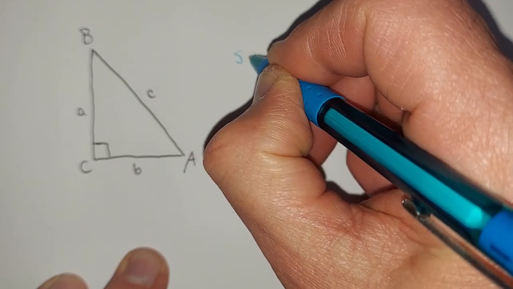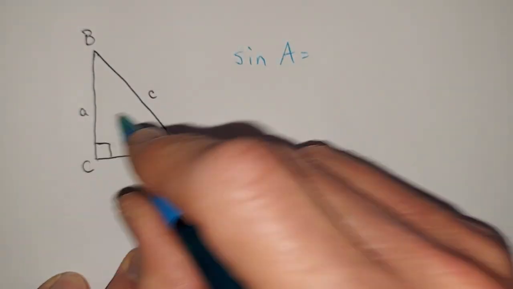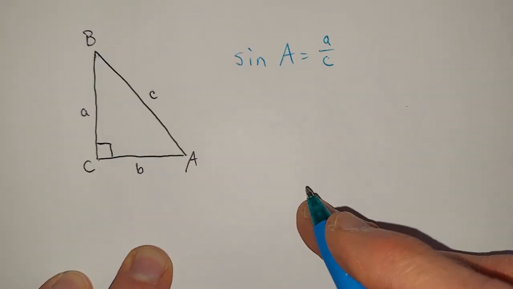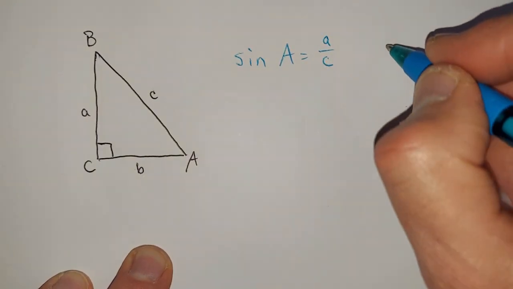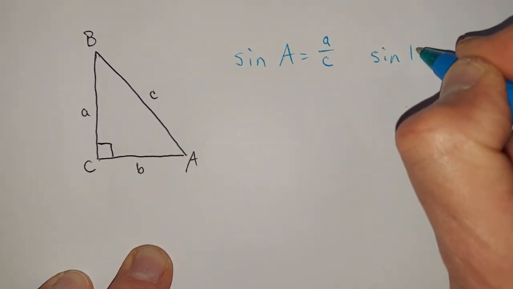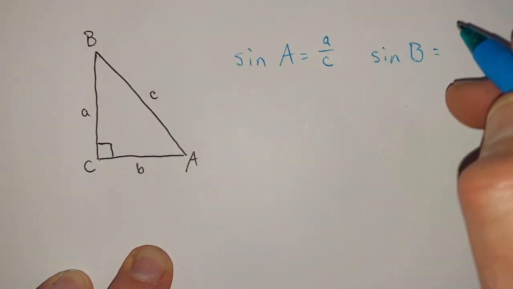So, the sine of A is going to be a over c. And the sine of B is going to be b over c.